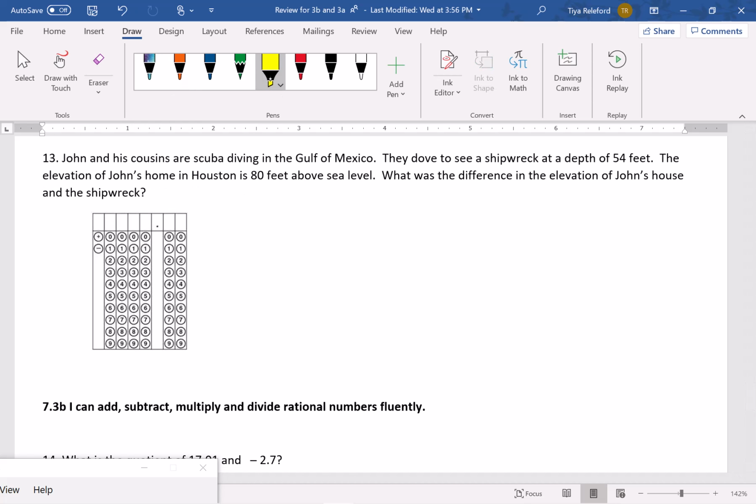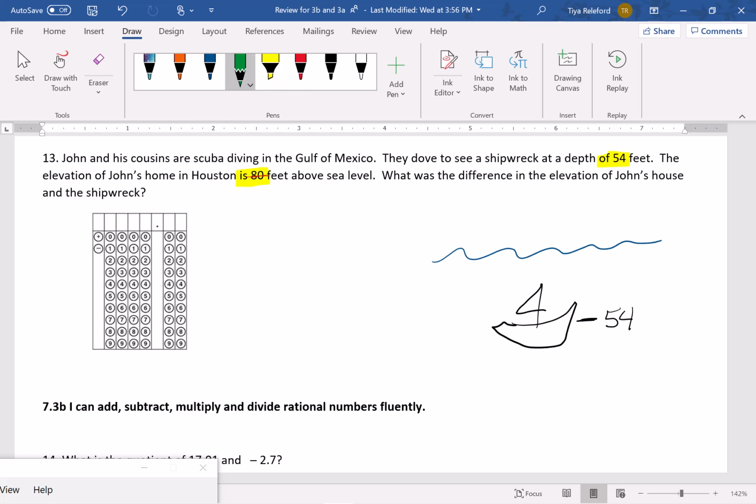John and his cousins are scuba diving in the Gulf of Mexico. They dove to see a shipwreck at a depth of 54 feet. And then there's a boat down here. Shipwreck. There's my sail. This is at negative 54 feet. The elevation of John's home in Houston is 80 feet above sea level.